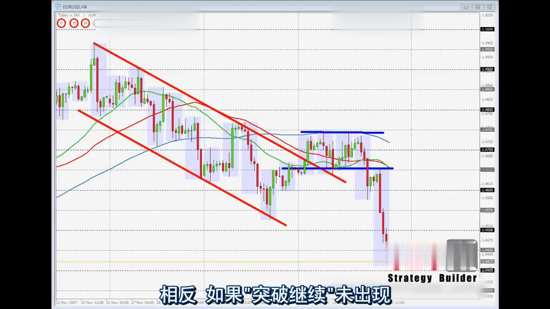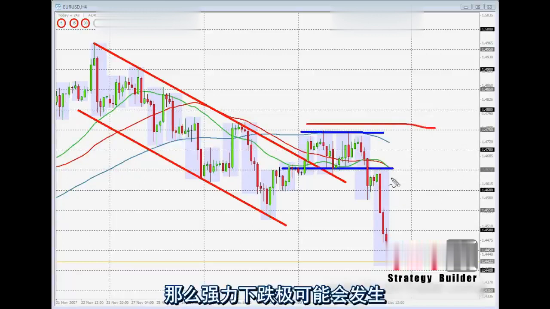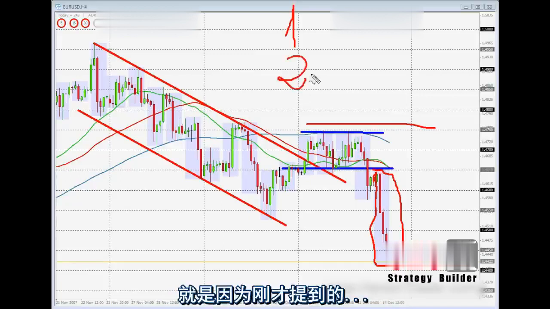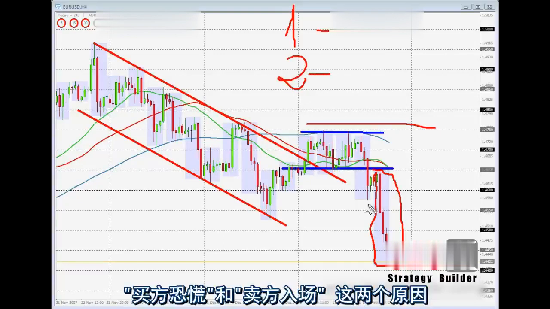Conversely, if the continuation fails to happen, expect a heavy drop against the trend due to bulls panicking and due to bears showing up in this market. Those two reasons I was mentioning before.